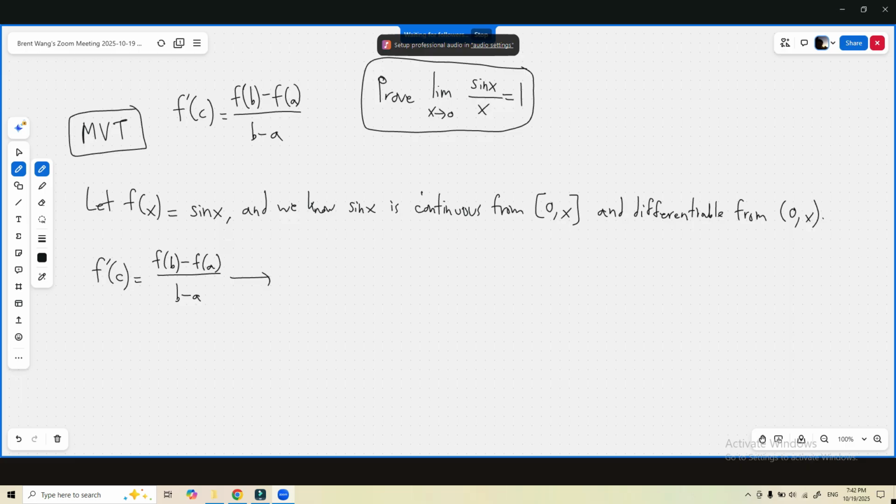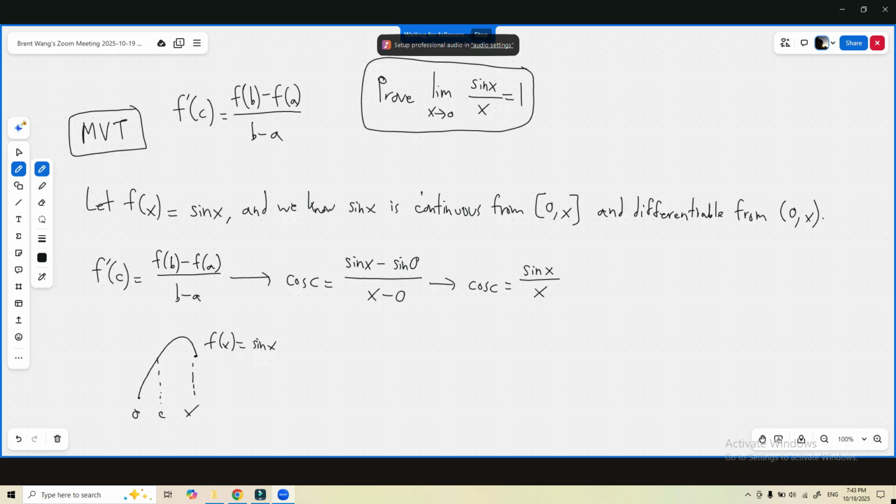F prime of x is cos x, so f prime of c is cos c, some constant c, equal to sine x minus sine 0 over x minus 0. Cos c is equal to sine x over x. Let's say that sine x looked something like this. 0x f of x is equal to sine x, and let's say c existed somewhere between 0 and x.